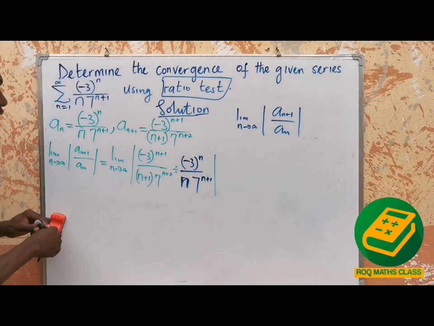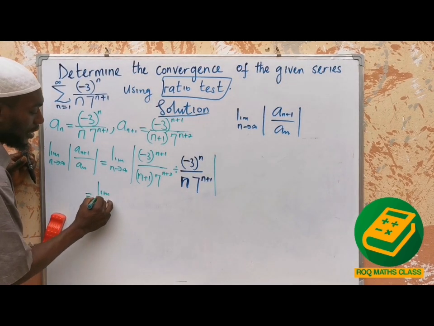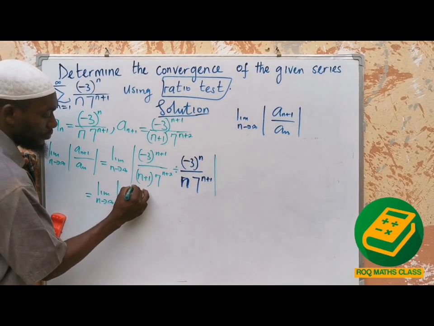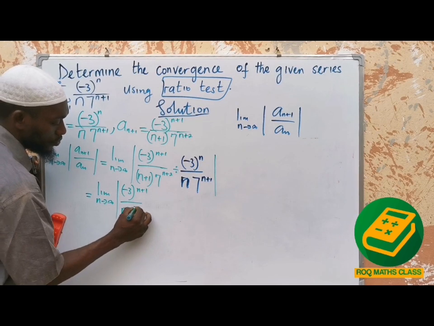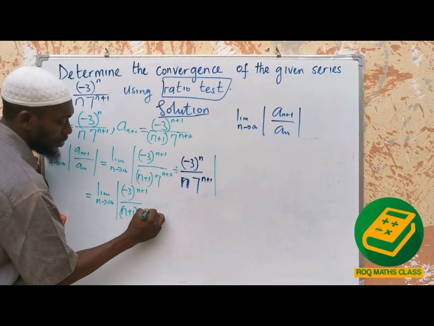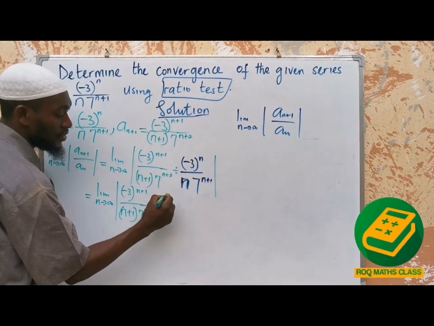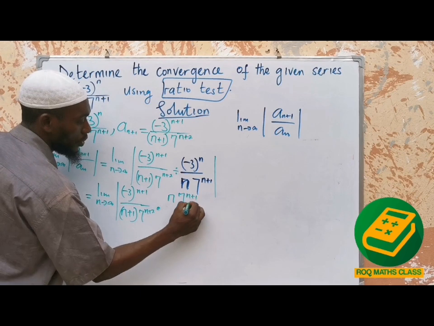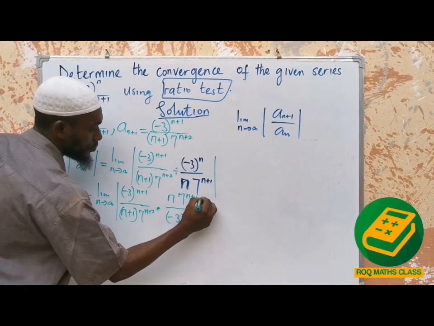So everything here is equal to the limit as n approaches infinity of (-3)^(n+1) over (n+1) 7^(n+2), times the reciprocal: n times 7^(n+1) over (-3)^n.